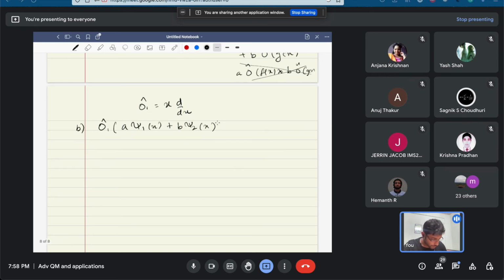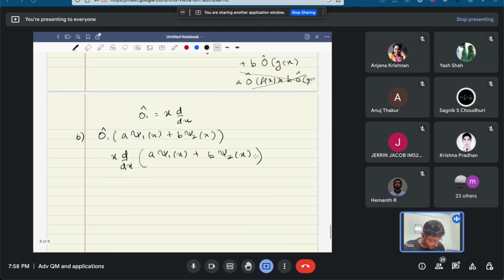Now here what we have essentially is the operator x d/dx acting on a psi 1 of x plus b psi 2 of x.